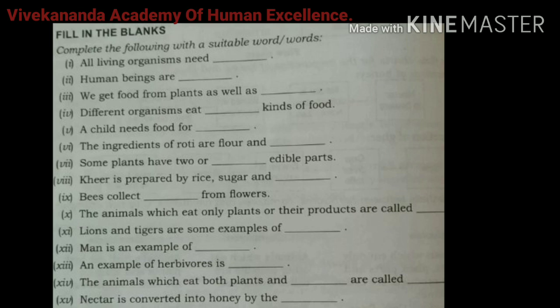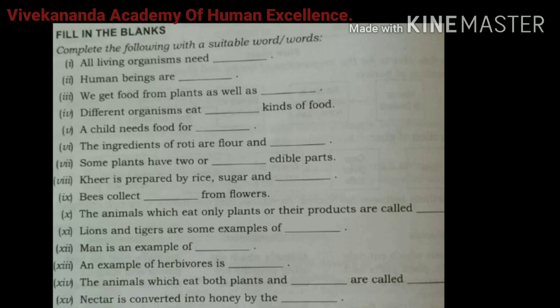Lions and tigers eat flesh only, so they are examples of carnivorous. Next, man is an example of, human beings eat both plants and flesh, so man is an example of omnivores.